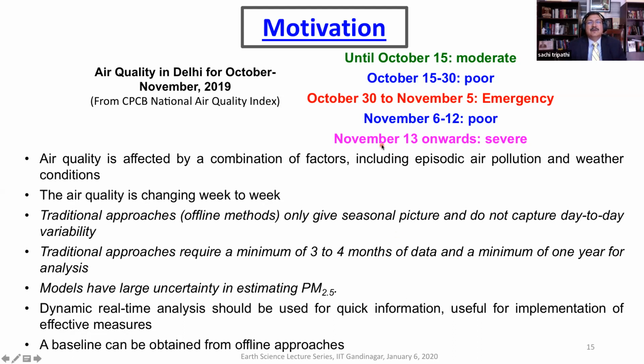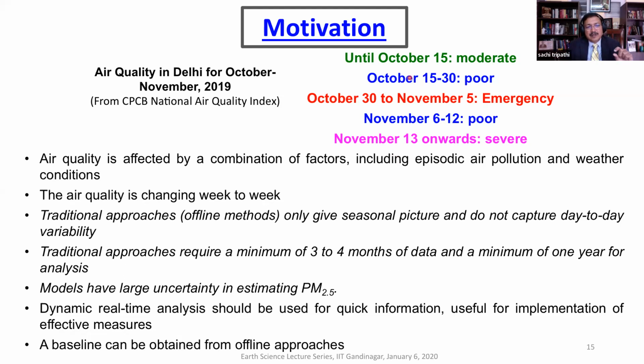If you look at the case of Delhi NCR, from October to February, air quality can go from very good to severe within a week or two, and it can stay fluctuating in that way.